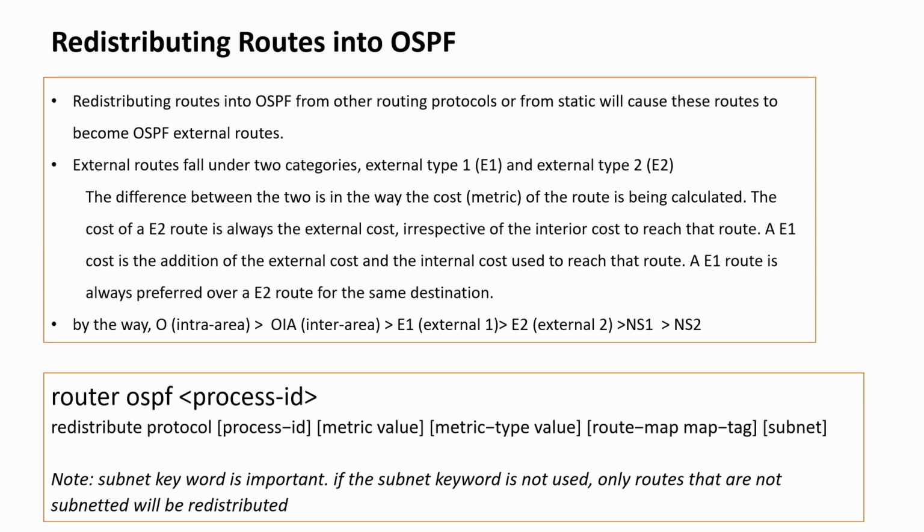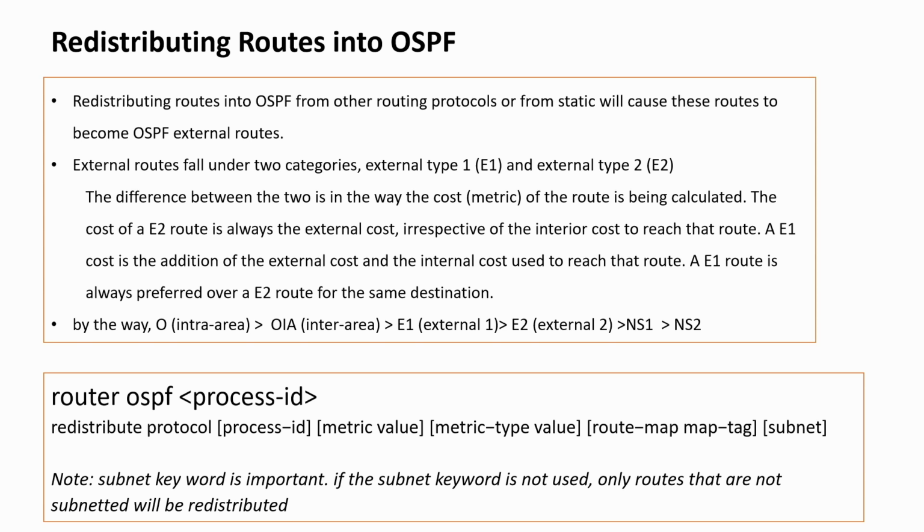So when routes are redistributed into OSPF, OSPF will generate external routes, of two types, E1 and E2, and E1 is always preferred over E2 for the same distance.